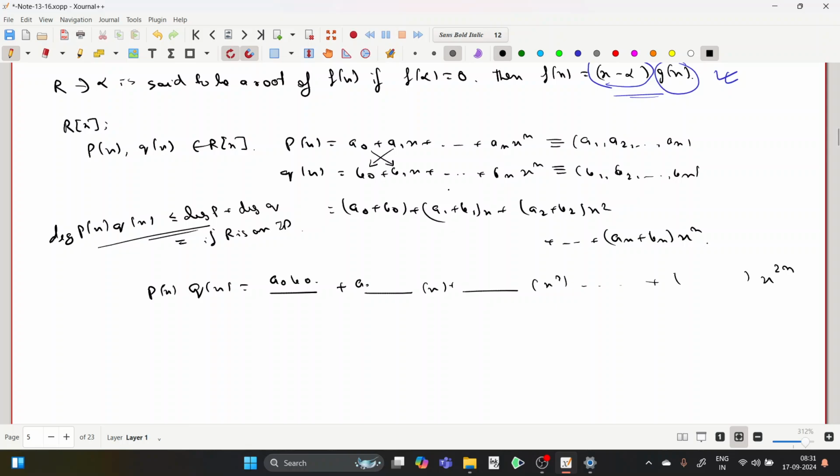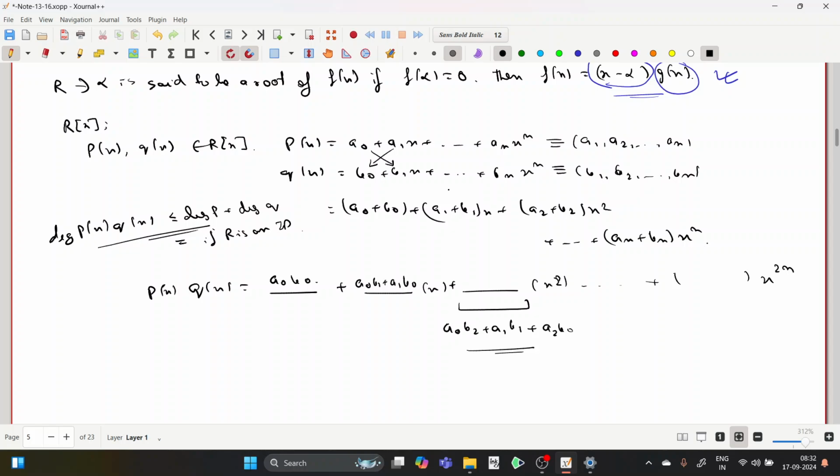So this is just a0 b1 plus a1 b0. And you can see that this pattern follows. If you want to justify what the coefficient of x square should be, you can easily observe that it should be a0 b2 plus a1 b1 plus a2 b0. And this pattern follows: the coefficient of x to the power n is such that the indices add up to n in each term of the coefficient. Got it?